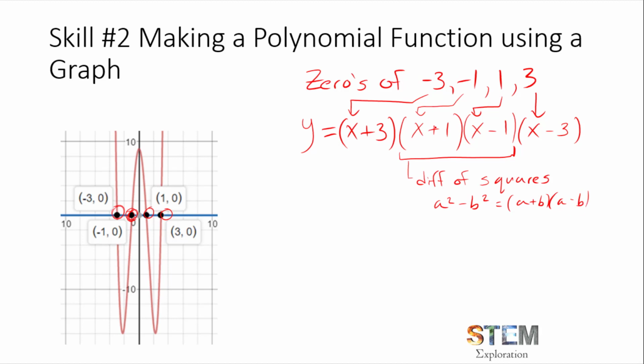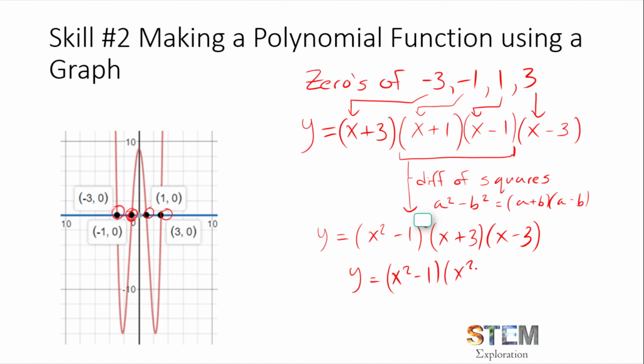I just want to point out that that's the scenario here, so we can give ourselves a little bit of a shortcut and say y is equal to x squared minus 1, because that would be x squared minus 1 squared. And then we have x plus 3 and x minus 3. This is also another set of difference of squares. So we would have y is equal to x squared minus 1 times x squared minus 9.